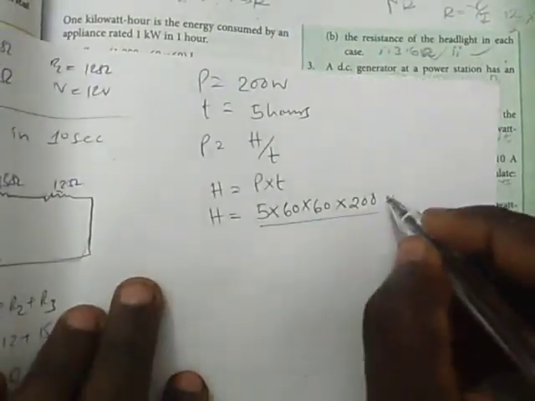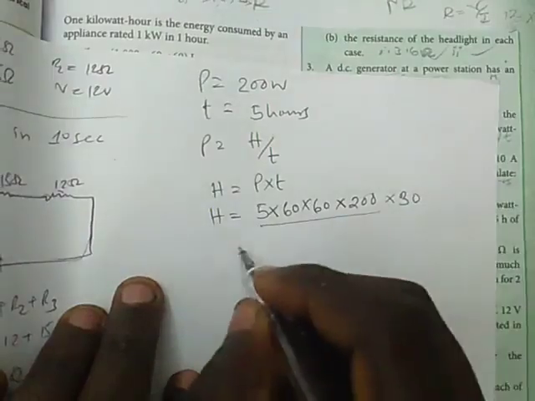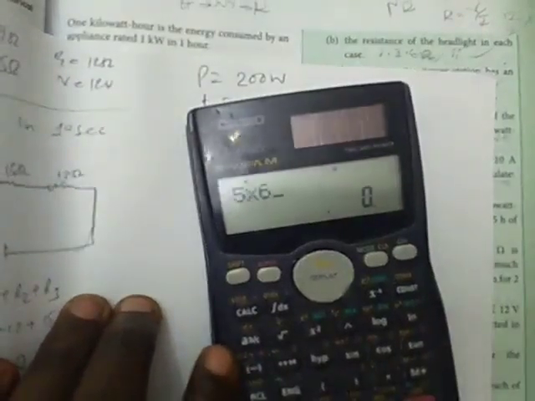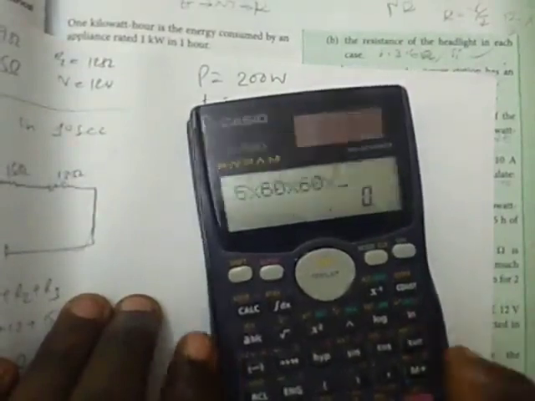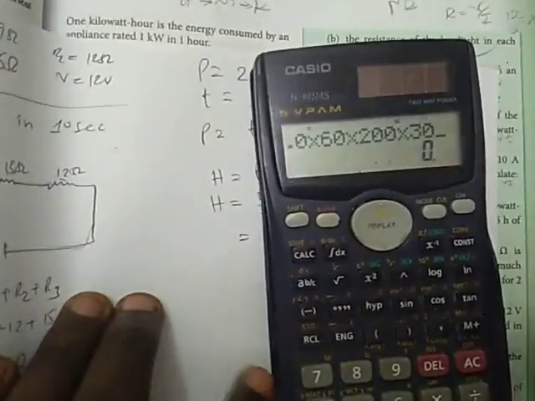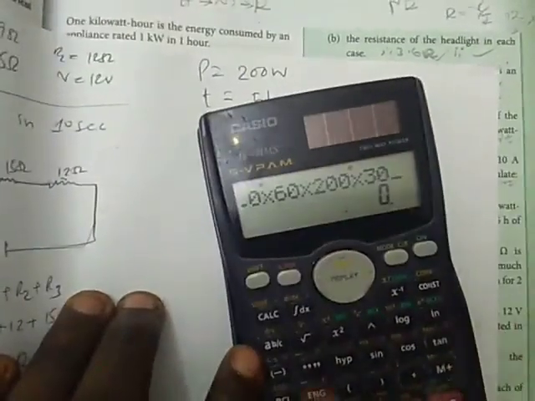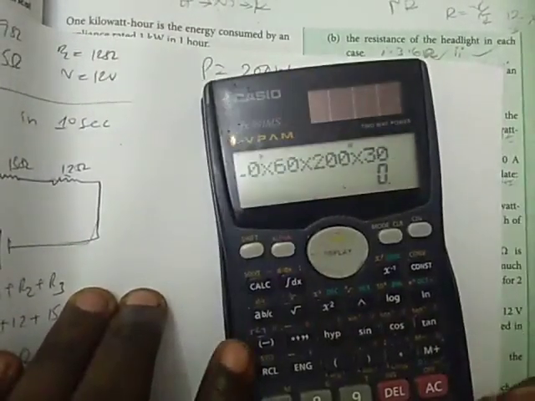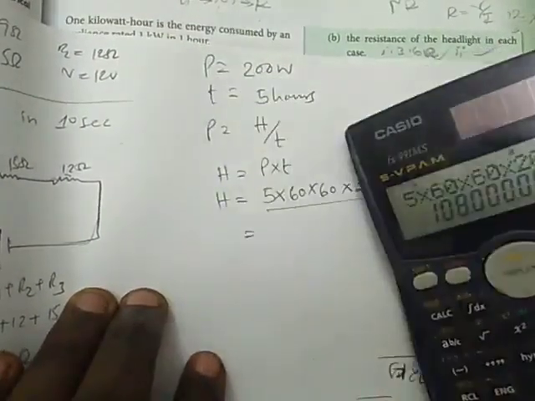Lakini tumeulizwa how much energy will be consumed in 30 days. So we multiply by 30. And when we multiply by 30, it will be 5 times 60, then times 60, then times 200, then times 30 days. Tutapata the total energy consumed. Actually it's a very large number.